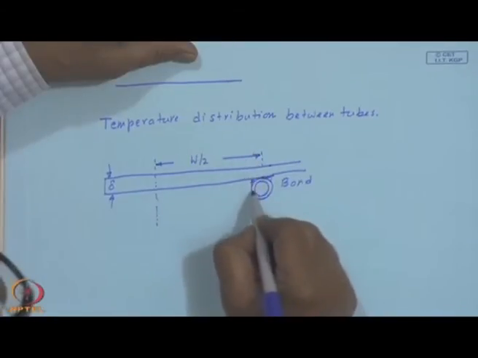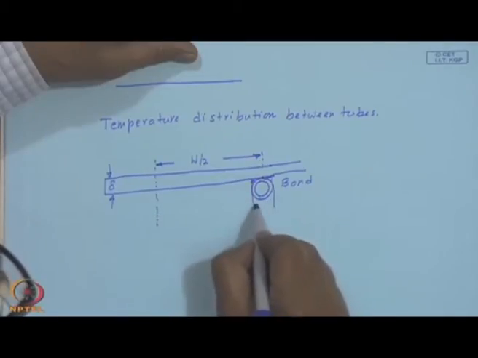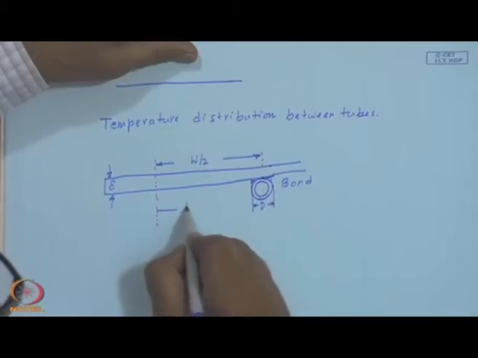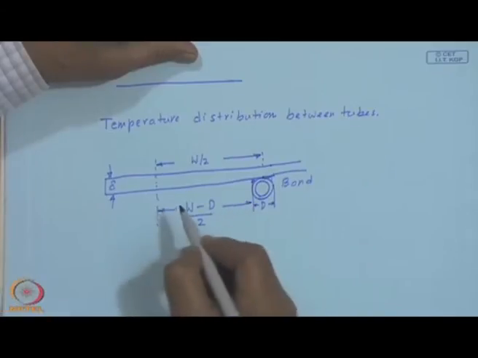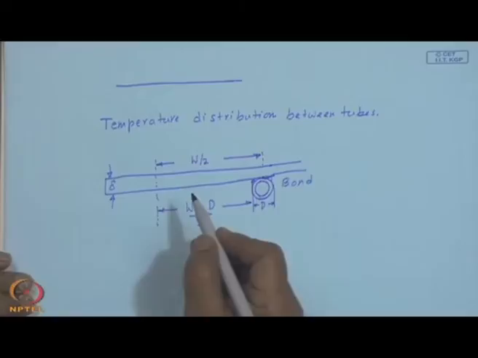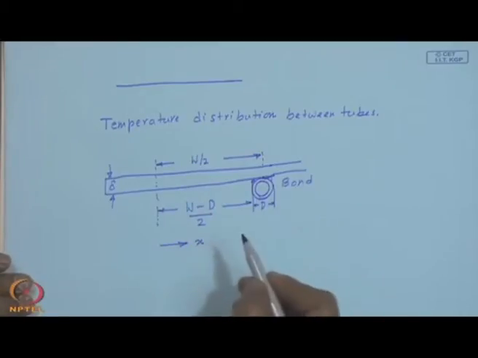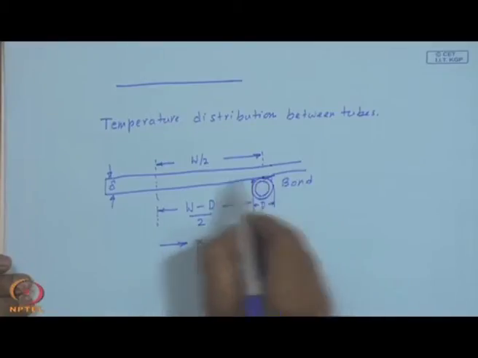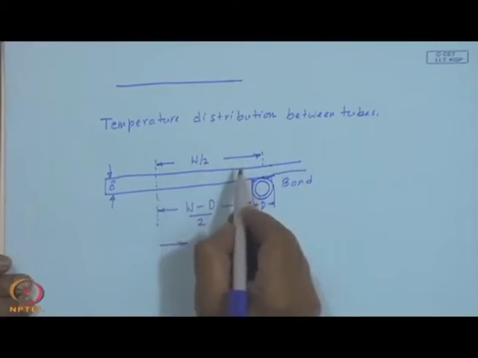If this is a capital D, this will be W minus D by 2. So, let us see, this is my x. So, the center of the tube to the symmetric plane is W by 2.